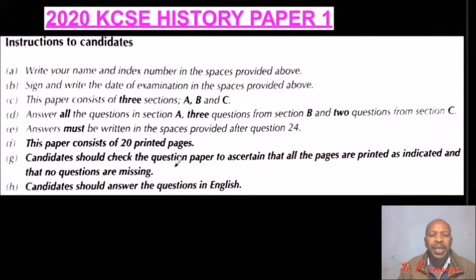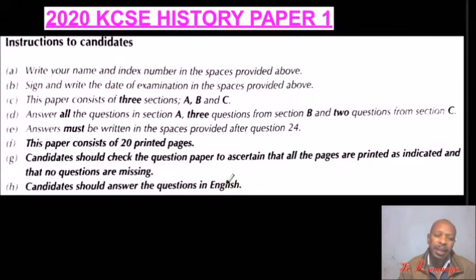The candidate should check the question paper to ascertain that all pages are printed and indicated and that no questions are missing. Very important, because you know to err is human. You may find there was an error in printing, and you start doing the question, then only to realize later there are missing questions. Candidates should answer the questions in English.